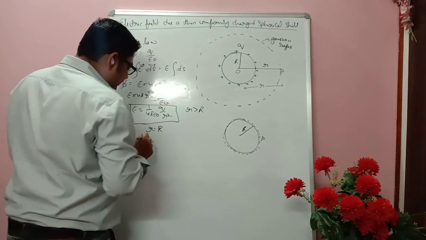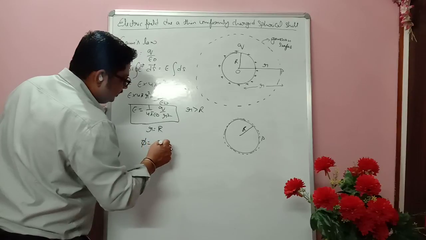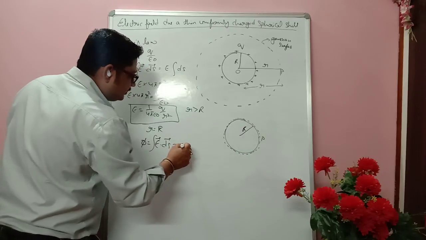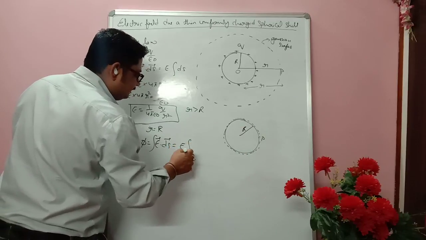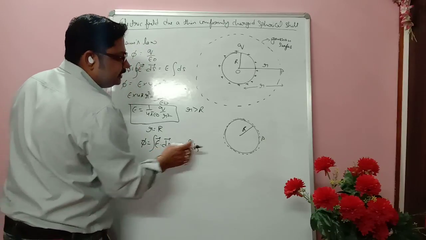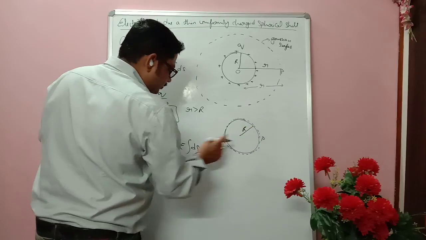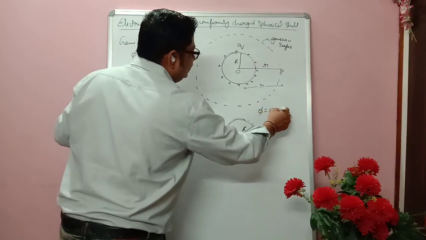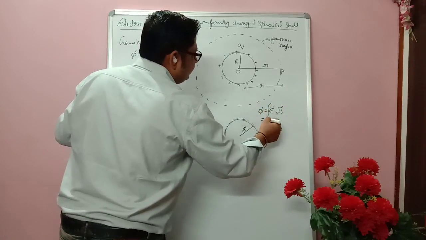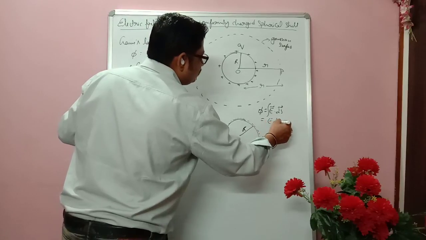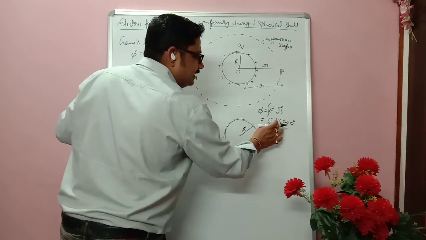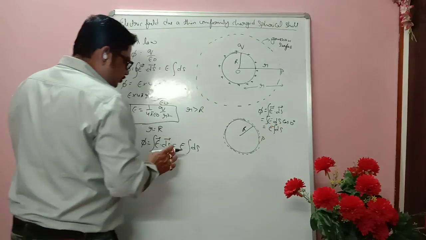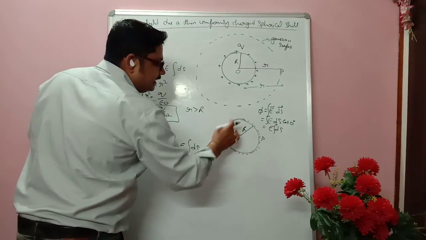Now if we calculate the flux, phi is equal to the integral of E dot ds. Again this E will be constant at fixed distance, so it comes out of the integral. So it will be E times the integral of ds. The angle theta between E and ds is 0 degree, so cos theta is equal to 1. So E dot ds becomes E ds cos 0 degree, the integral of E ds, where the value of the integral of ds is 4 pi capital R square.